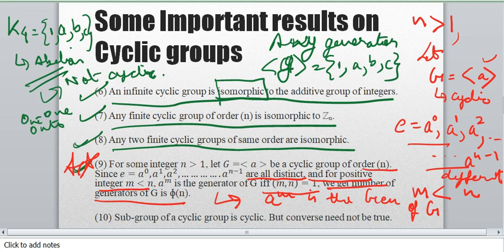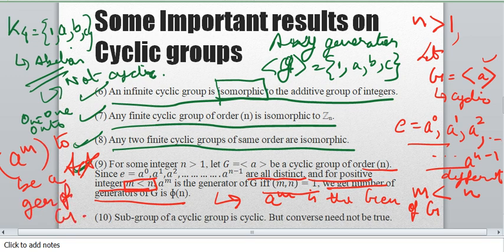And for any positive integer m with the condition that m is less than n, then I can write a to the power m to be a generator of group G.